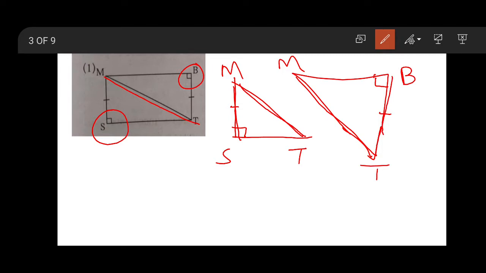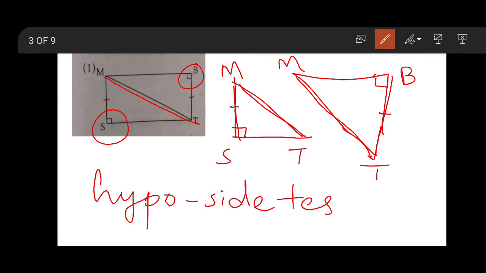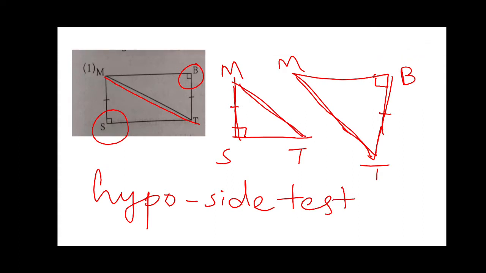So when the hypotenuse and a side are congruent with the corresponding hypotenuse and side of the other triangle, these two triangles are congruent based on the hypotenuse side test. So the test is cleared.